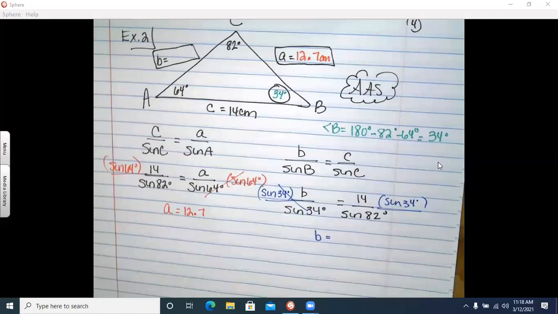And what do you get rounded to the nearest 10th place? 7.9. Coolio?